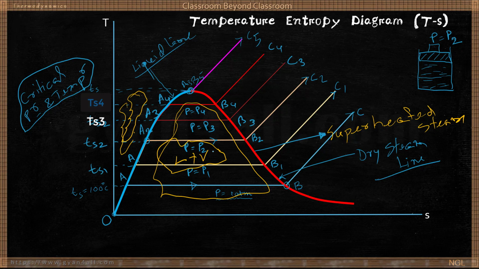It also gives the region in which steam will be superheated, and the region in which it will be not steam but water. And we got the line O, A, A1, A2, A3, A4 and A5. This is the liquid line. And B5, B4, B3, B2, B1, B and so on will be the dry steam line.